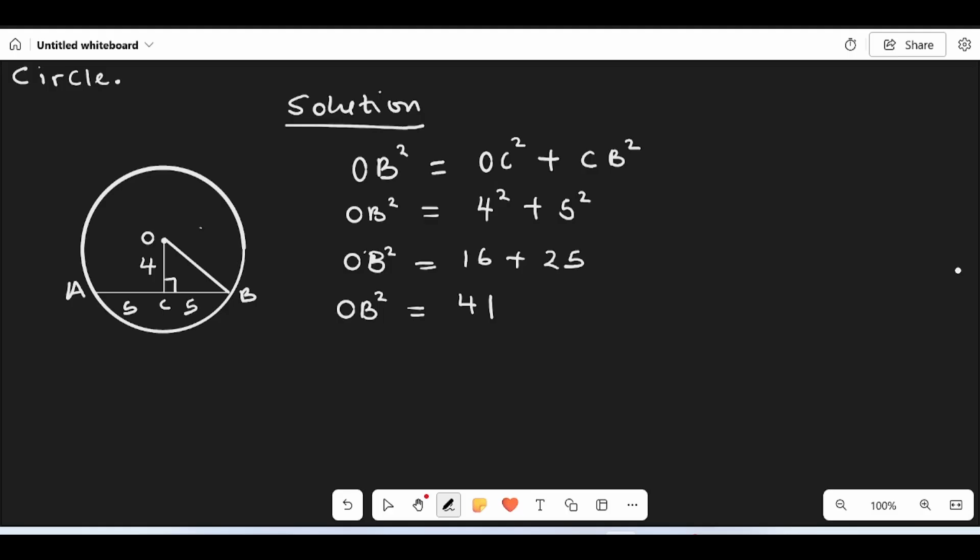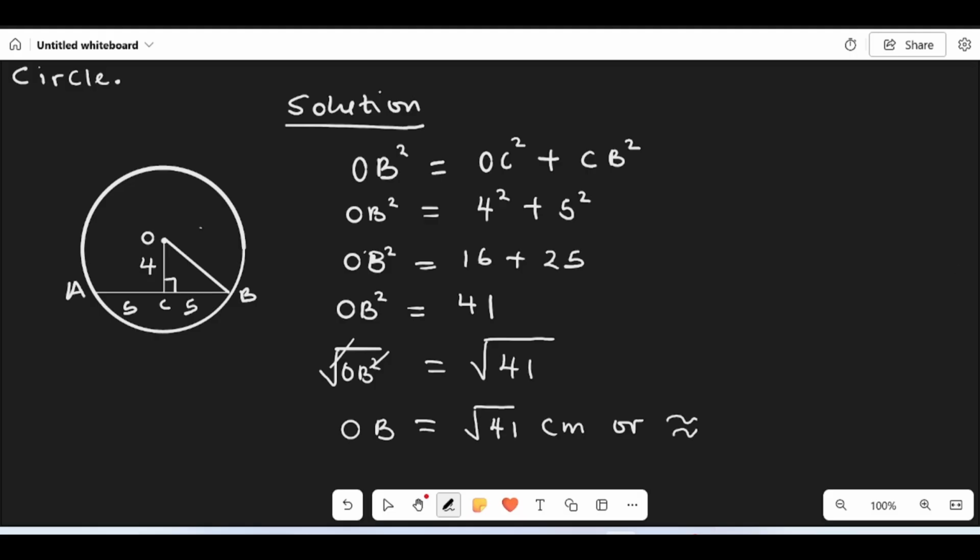Let us square root both sides. Square root of OB square equals square root of 41. This cancels this. OB equals square root 41 centimeters, or approximately 6.4 centimeters. That is the radius of our circle.